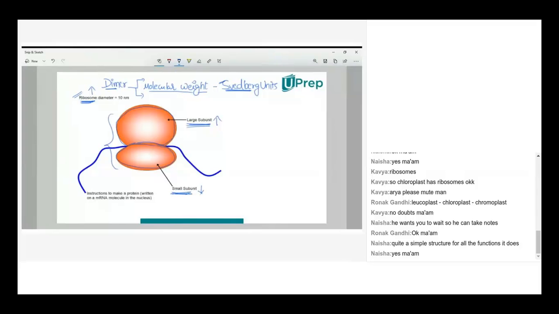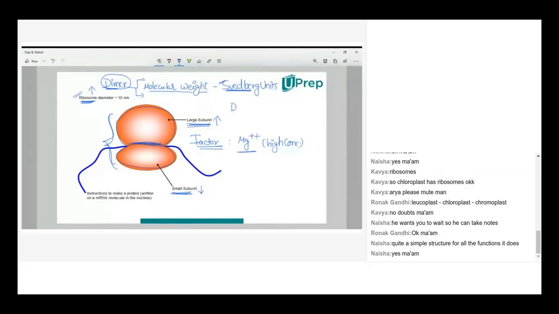Now these two molecules are joined, isn't it? So what is the factor that helps in the formation of the dimer? The word dimer stands for two subunits joining. The factor here is magnesium ions. If the magnesium ions are in high concentration, then both the units of the ribosome will be in the dimer shape.